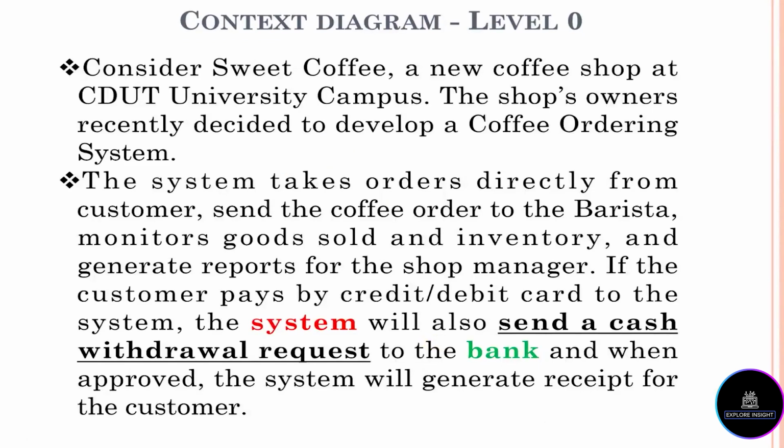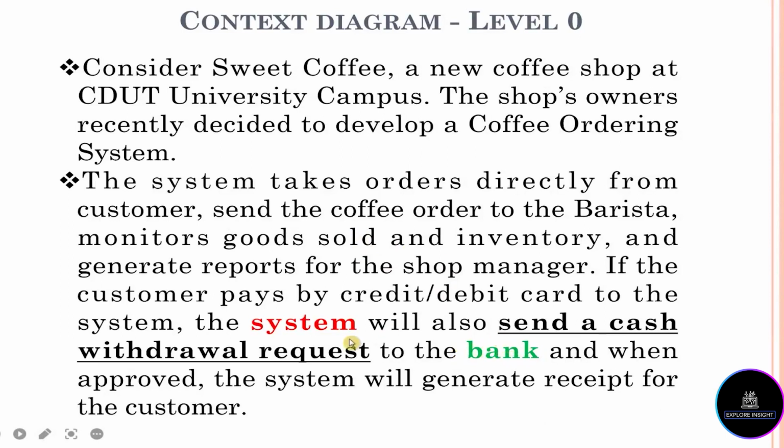Now let's see the other thing we have, which is the system will also send a cash withdrawal request to the bank. Now if we go through this, we never had a new entity or any entity as bank. So to this, we are going to create a new entity and title it bank.